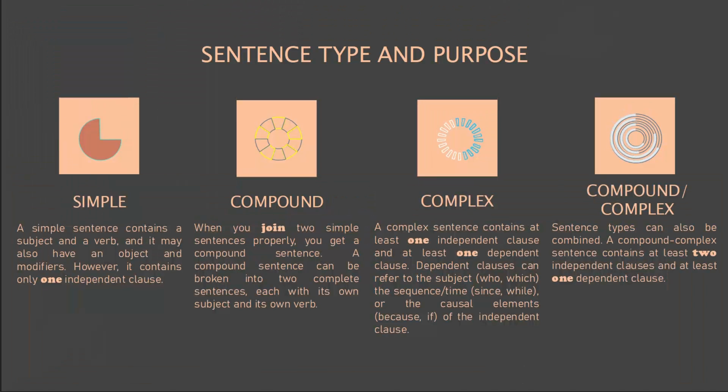Complex sentence. A complex sentence contains at least one independent clause and at least one dependent clause. The dependent clause can refer to the subject, who or which, and the sequence, time, or causal elements of the independent clause.